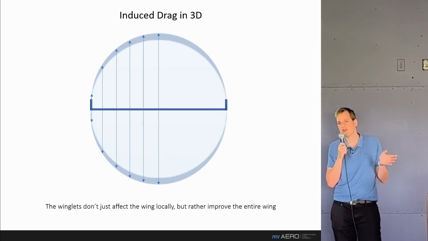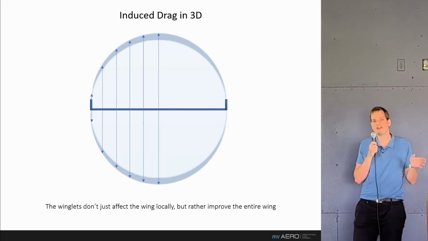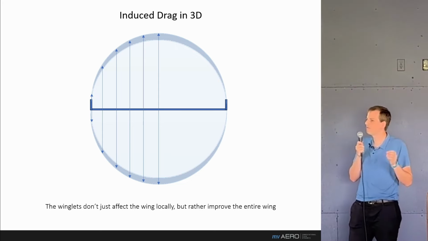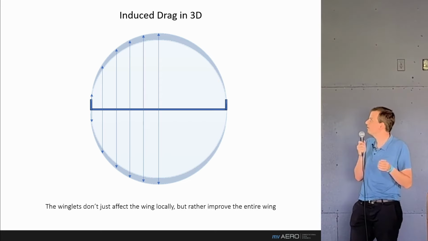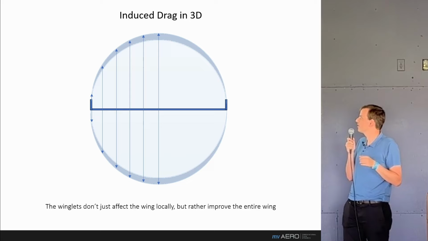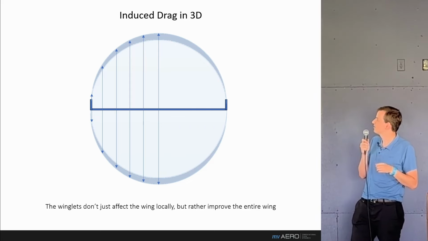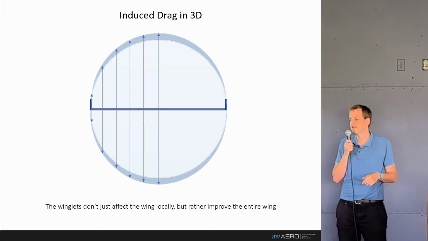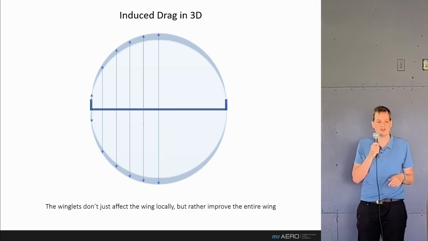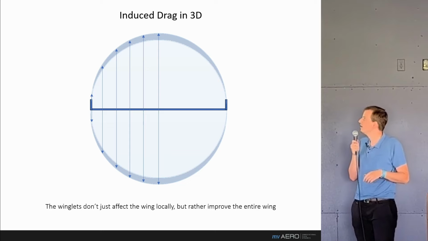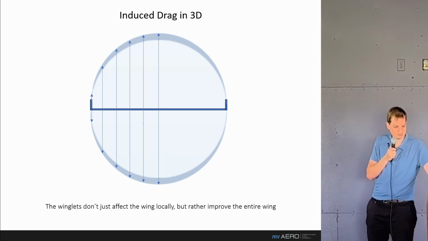It's not just that the winglet is affecting the wingtip vortex locally, rather it is improving the situation for the entire wing. We no longer have a circular mass distribution that we affect. In fact, the column of air that the center section affects is increasing as well. So the overall span efficiency for the wing is increasing.